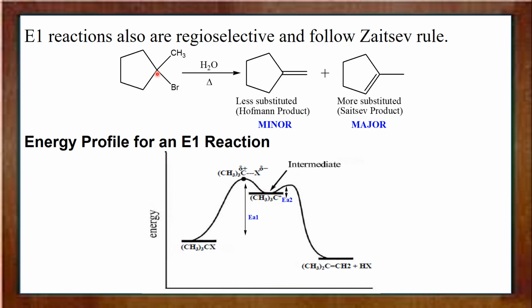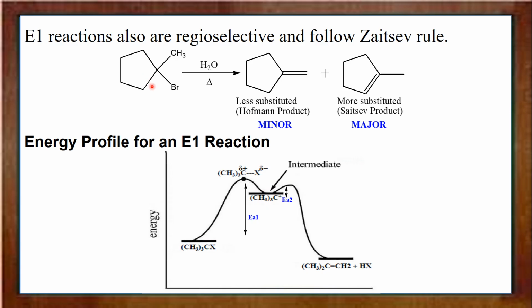In the second step, deprotonation can take place from any one of the beta carbon atoms, either this methyl beta carbon or these two methylene beta carbon atoms. But usually deprotonation takes place from the beta carbon present in the ring. Deprotonation takes place by water from beta carbon here.